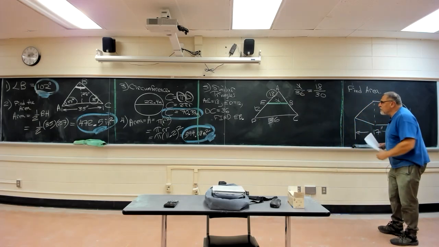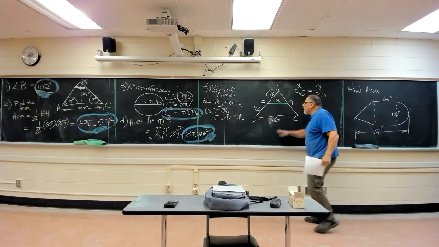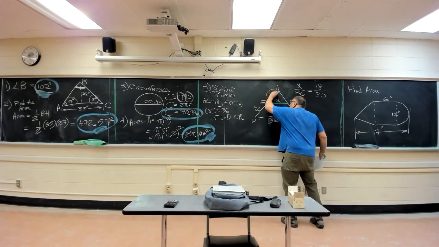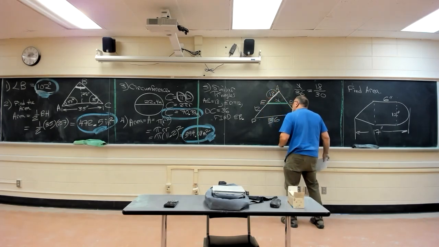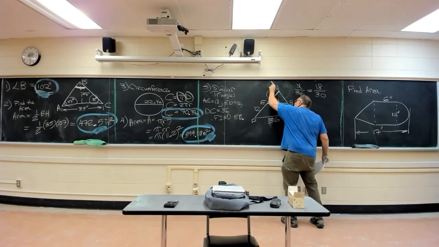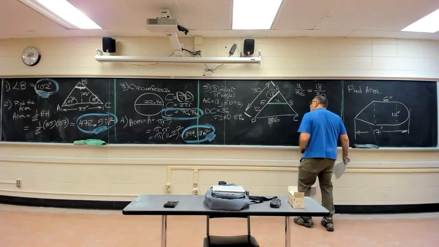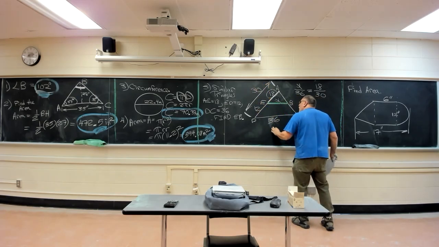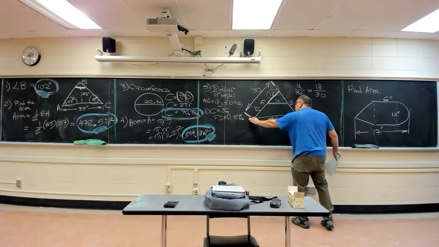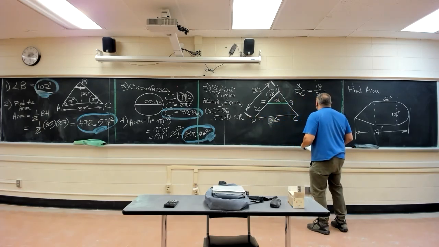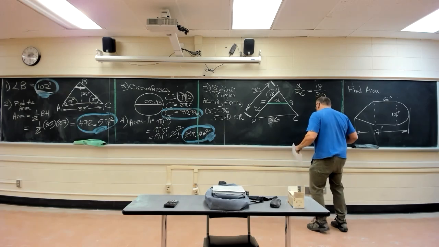So what did we do here? We took this side, the 18 of the similar triangle, and the X of the similar triangle, and compared it to this long length right here, which is 30, and this long length, which is 36.